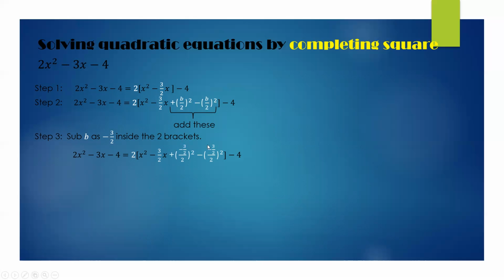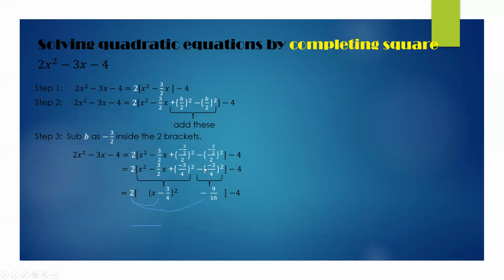So when you sub in here, then you divide by 2. So in the end, we get this (-3/4) squared. Okay, (-3/4) squared. So after that, we need to compress this again. This 2 is still outside here. I need to compress this, become x minus whatever here.